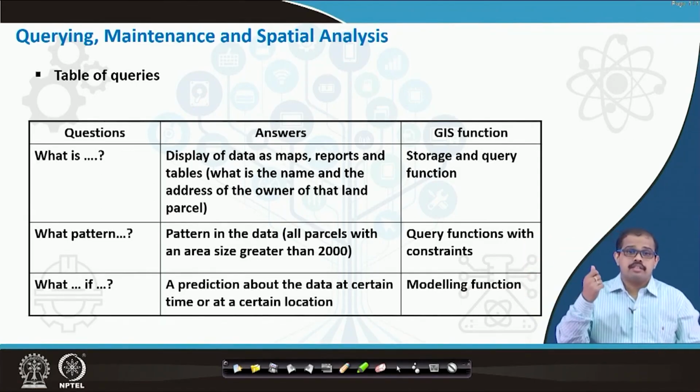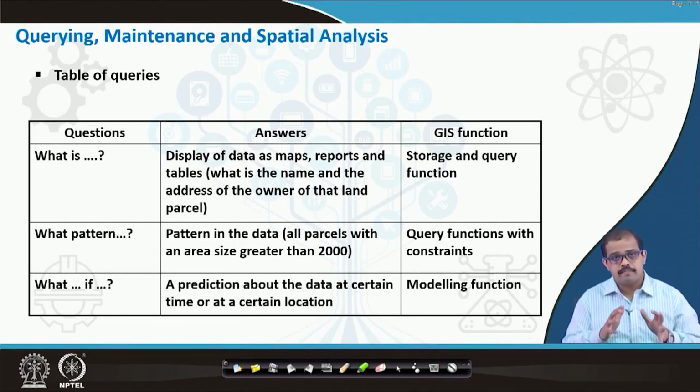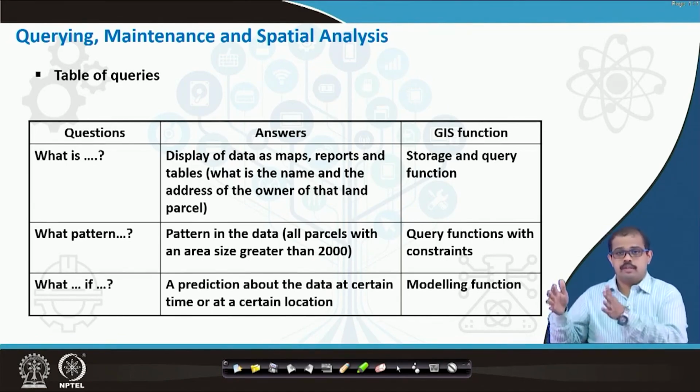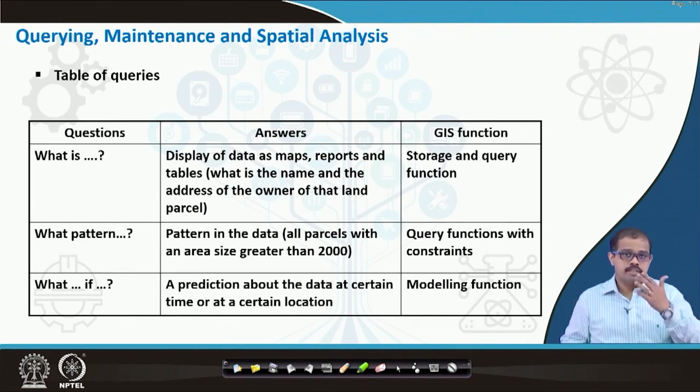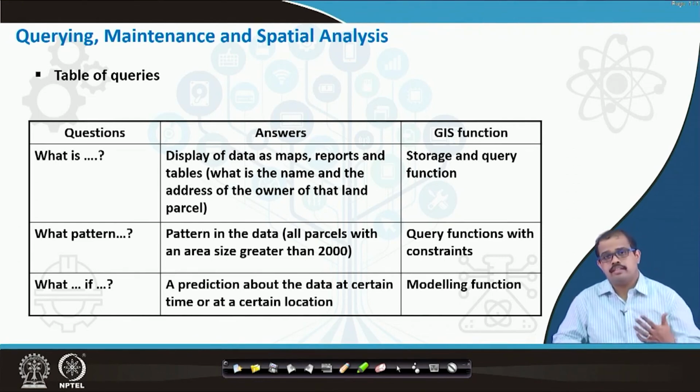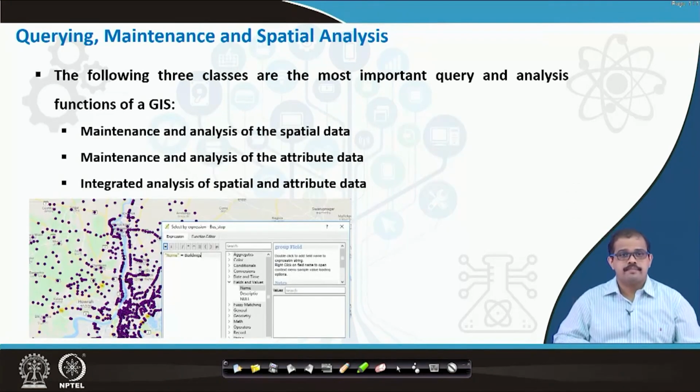So, that is how the querying is done. Why I have given you this example is to make you understand in real English the way you speak and how the querying happens. So, it has to be translated from the real kind of language to the queryable form in GIS functions. This is just an example for you to understand how it has to be done.